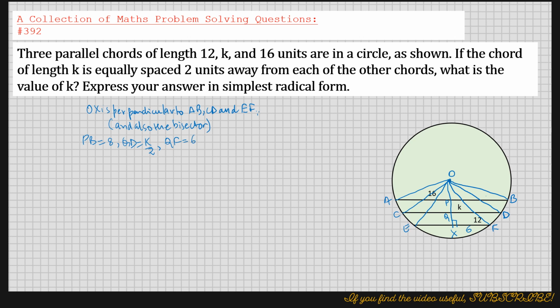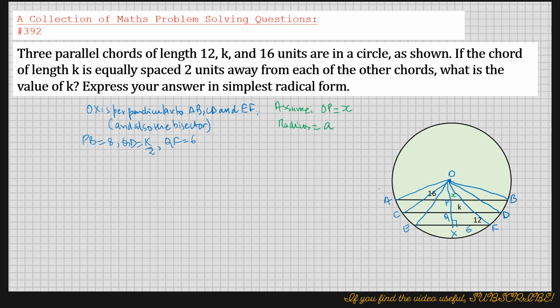Now, before applying the Pythagoras theorem, there's an assumption we have to make. We assume that OP equals x. You can take any letter; I've chosen x. And the radius equals a.